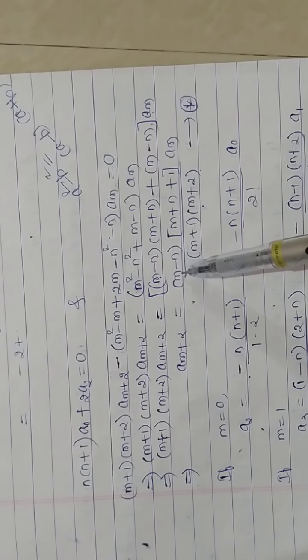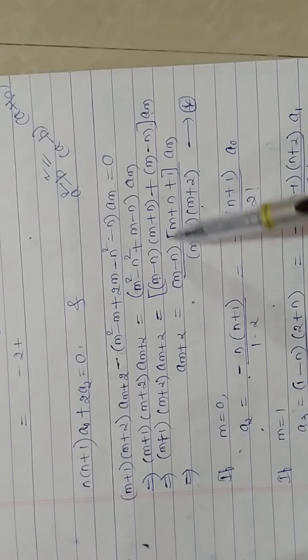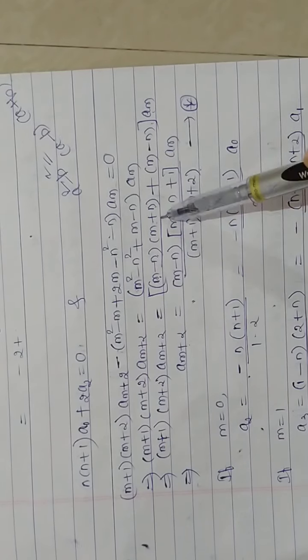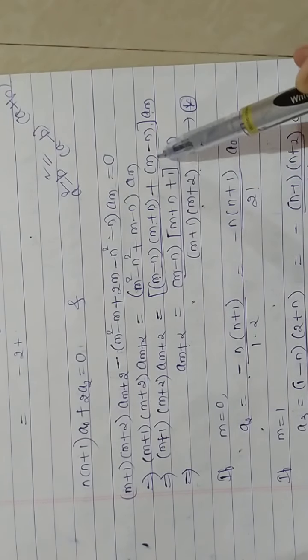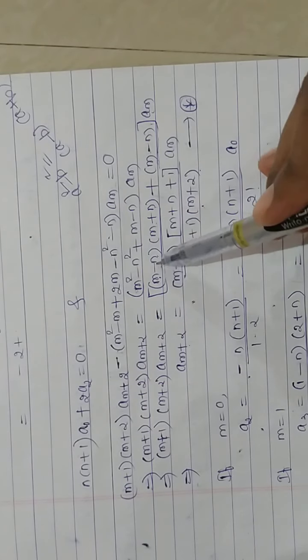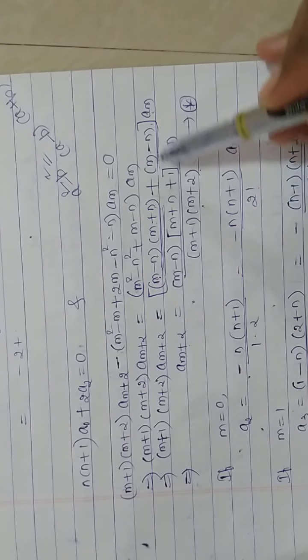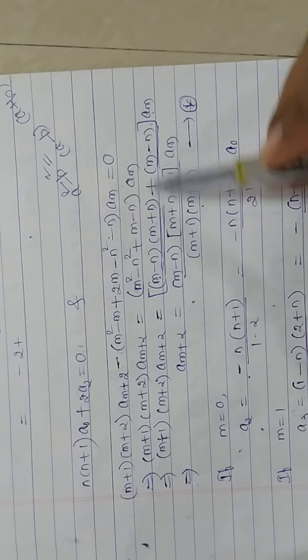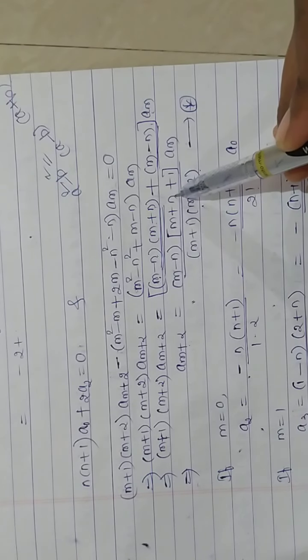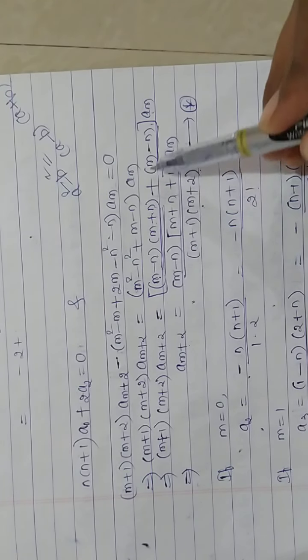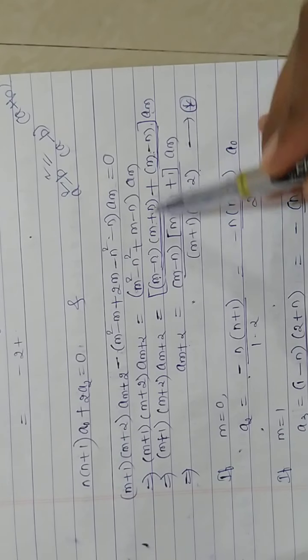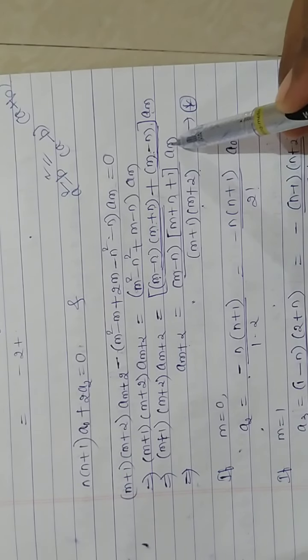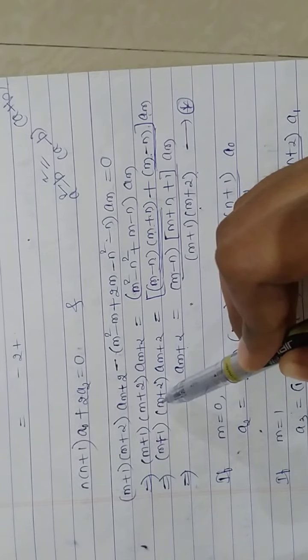So the numerator becomes m minus n. I can take it common from these two terms, because in these two terms my m minus n is common. So I can take this out, and inside the bracket I will have m plus n, and here I will have 1. So m plus n plus 1 into am divided by these two terms.